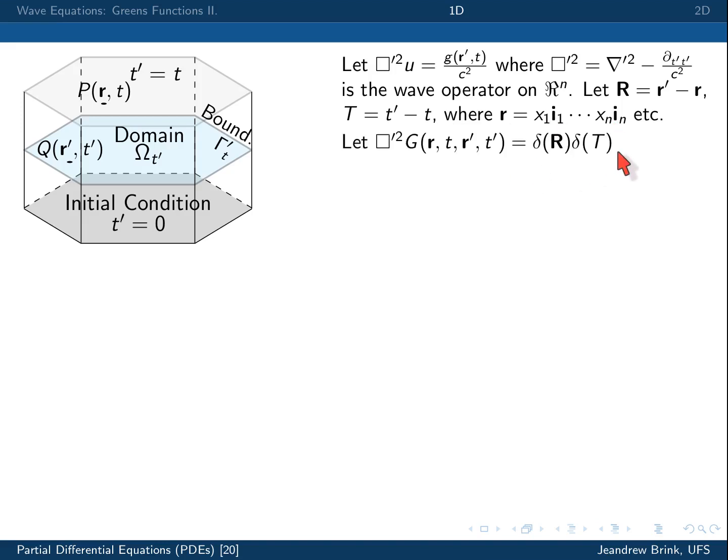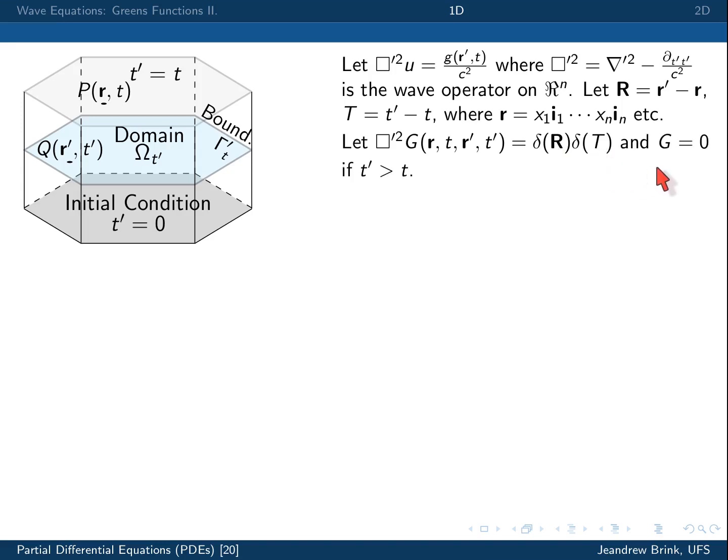Okay, and given these things, the way we're going to construct our solution that we integrate over is simply that we apply the same operator to a Green's function, but with respect to the source points, and we set that equal to the delta function of the difference between the spatial components of the source and field points, multiplied by a delta function of the difference between the time components.